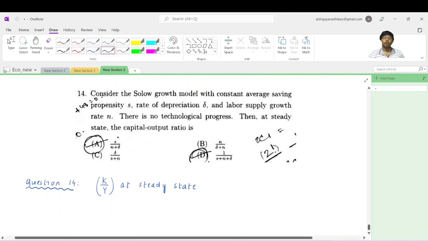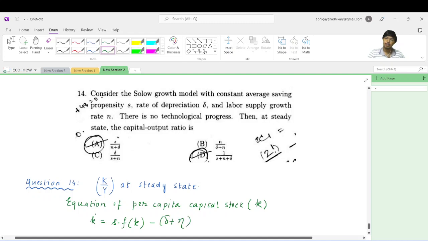Now in Solow, what was the equation of motion of per capita capital? We can recollect what was the notation that we generally use. It is small k. So it was small k dot equals S times f of k minus delta plus n times k.